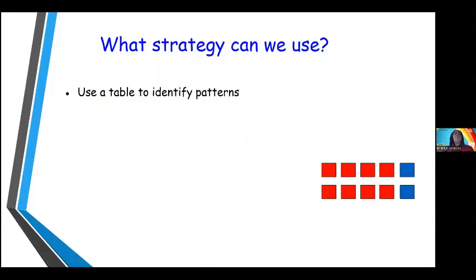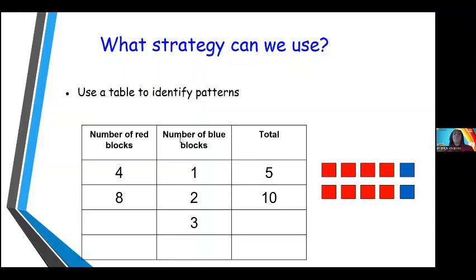Boys and girls, I'm going to share one strategy here that you could use. You could actually use a table to represent this information. So look at the table that is shown. On this table, we have a column for the number of red blocks, another column for the number of blue blocks, and the total.